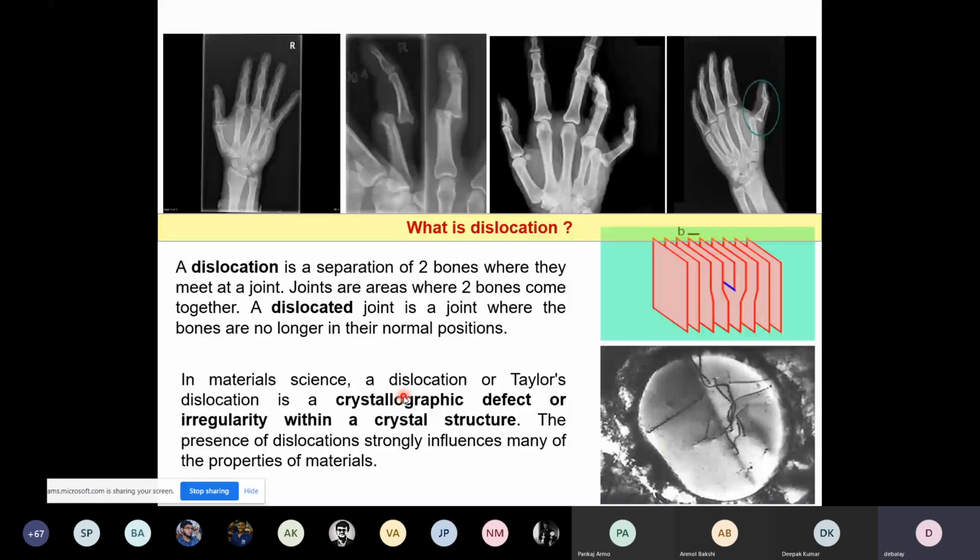The presence of dislocation strongly influences many of the properties of material. So this plane had to be continuous, it got discontinued. Or a crystal that had to look like this, there is some twist that happened due to which there is a screw dislocation.